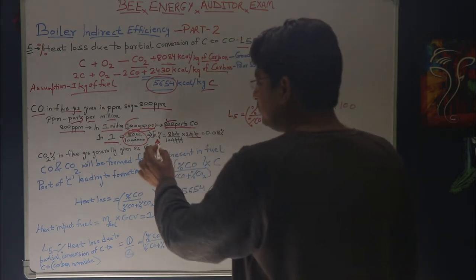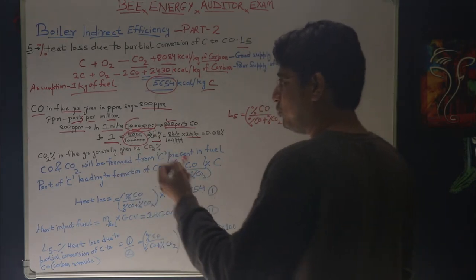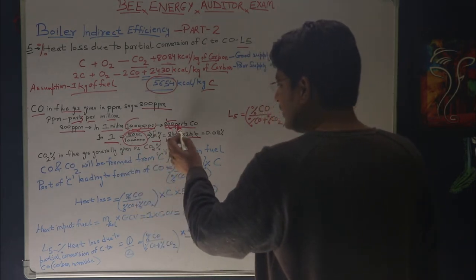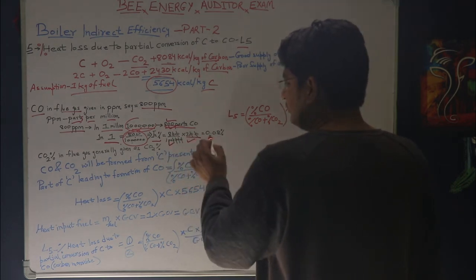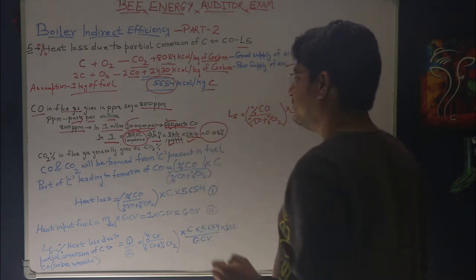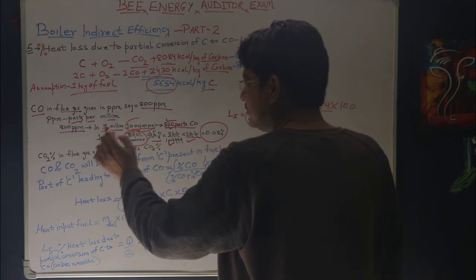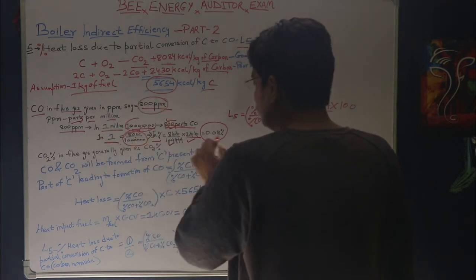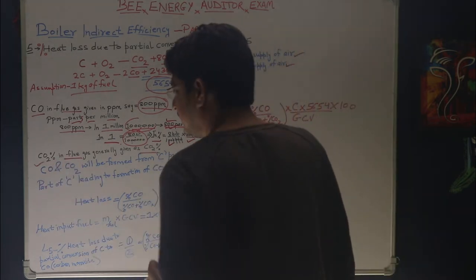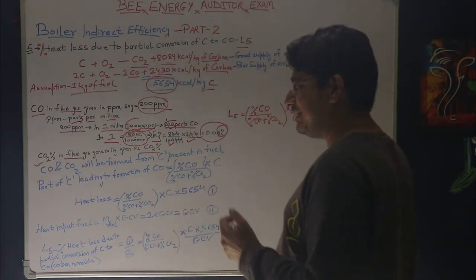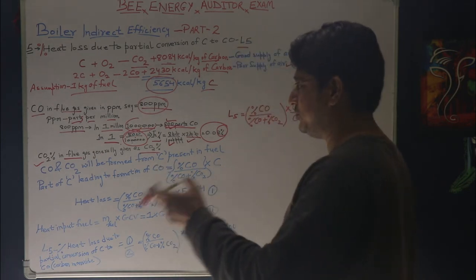So ultimately in terms of percentage, my percentage CO, that is percentage carbon monoxide, will come as 800 divided by 1 million multiplied by 100, that is 0.08%. So what I have done, I have converted the value of CO from ppm to percentage. Now the value of CO2 in flue gas is generally given as CO2 percentage. So no need of further conversion.